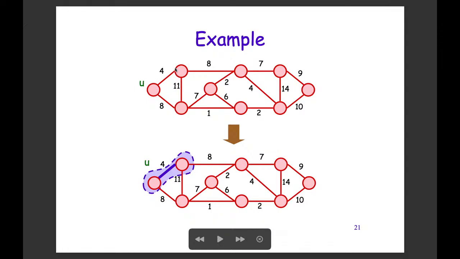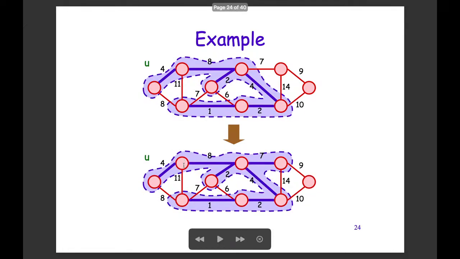So this vertex can be connected to the source with an edge of weight at most 4, and this vertex with an edge at most 8. Then we select the vertex that is connected to the source with the shortest weight, and add this node.